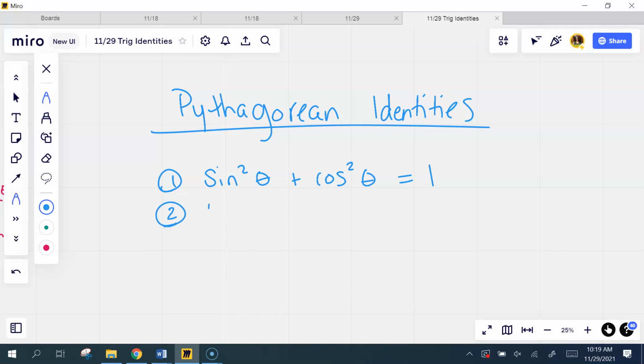The second one is 1 plus tangent squared is equal to secant squared.